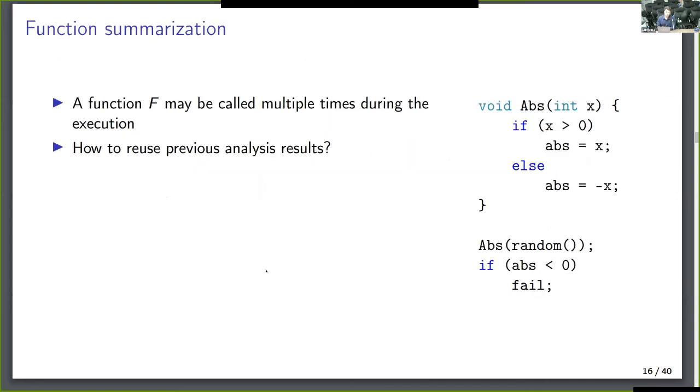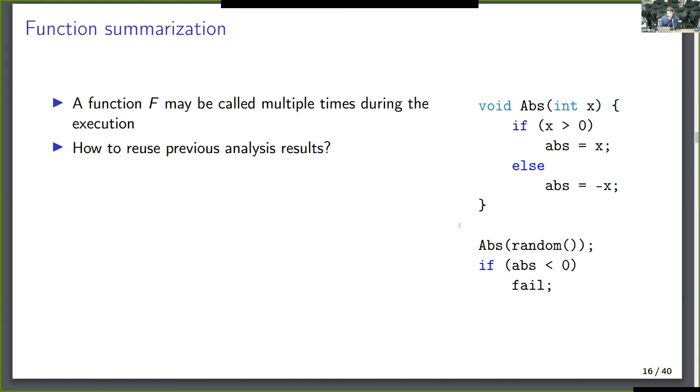Another technique is function summarization, where we generate some first-order formulas that summarize somehow parts of the behavior of our program. So for instance, we may generate a formula that describes the relation between inputs and outputs of the function. Here again, our ABS example.